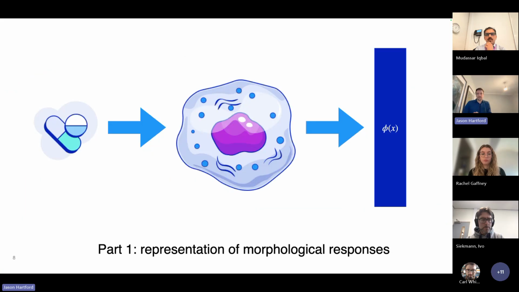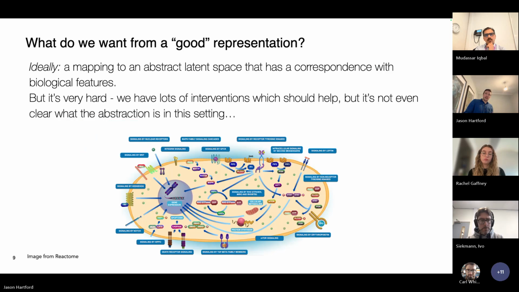Okay. All right. So with that long intro out of the way, in the first part of this talk we're going to look at how we can represent morphological responses. And we'll start by asking, what do we want from a representation? Now, causal representation learning as a field has spent the last couple of years trying to say when we can identify latent variables, and there has been a lot of work on disentanglement. It turns out that's a very hard problem both in theory and in practice, and it's especially hard because you need to commit to a notion of latent variables for your system.